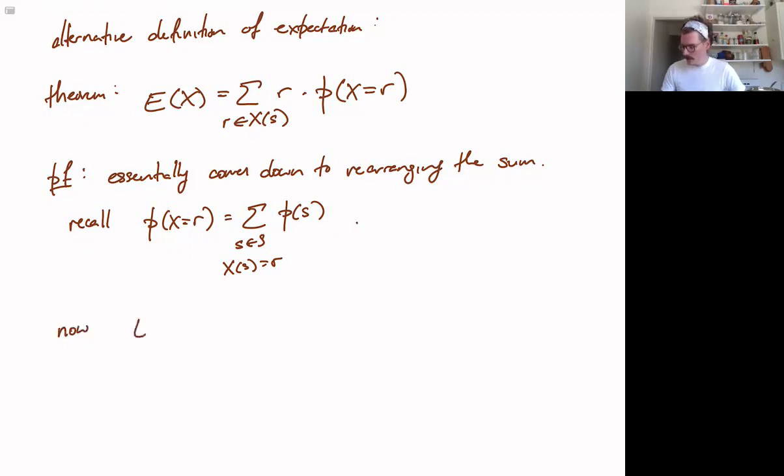Now, let's start with our definition of the expected value. We defined it to be the sum over s in S, probability of s, times X of s.